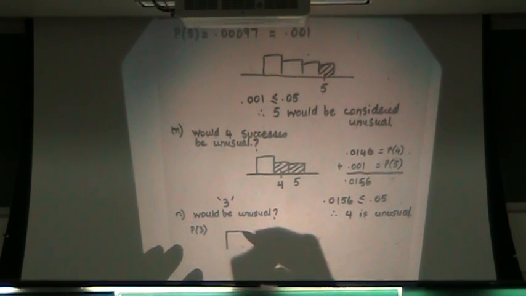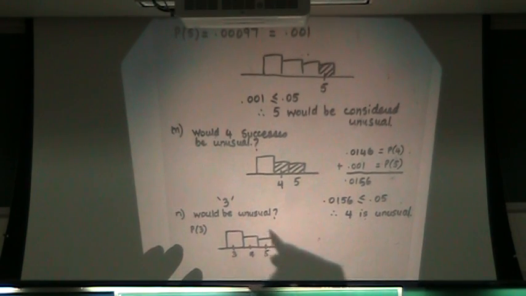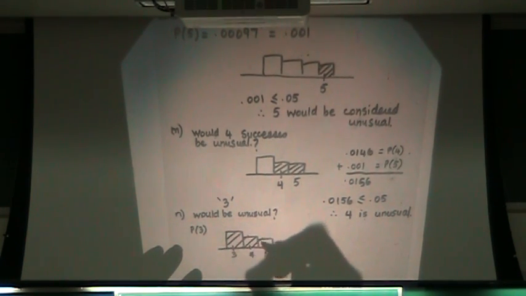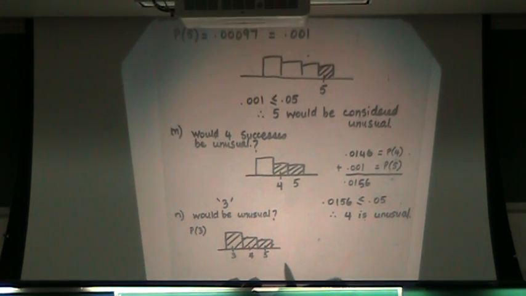Let's draw a picture so it makes it very clear. And 4 and 5, because I have to take 3 and everything above 3. It's like p-value. I'm finding p-value here, right? Probability of being more extreme than that. So I'm going to take 3 and 4 and 5 and add them.